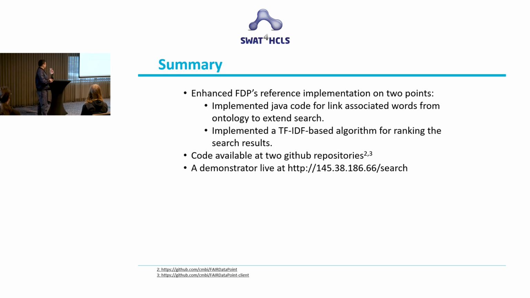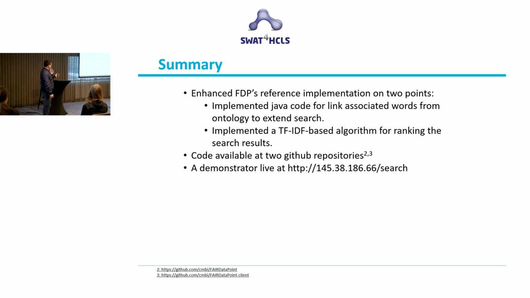So, coming to the summary. What we did: we enhanced the FAIR Data Point reference implementation on 2 points. First, we implemented the code for linking associated words from an ontology to extend the search capability, or enhance the search query. And we implemented a TF-IDF-based algorithm for ranking the search results.